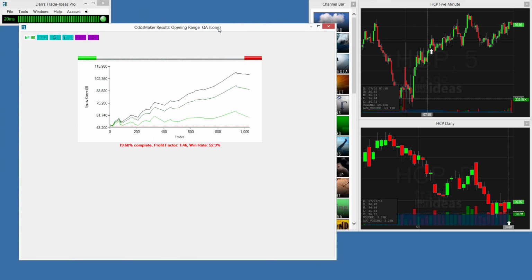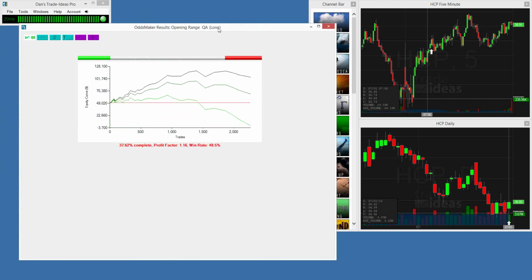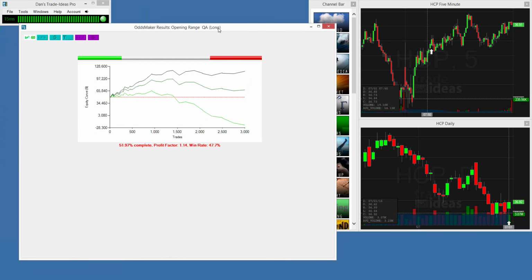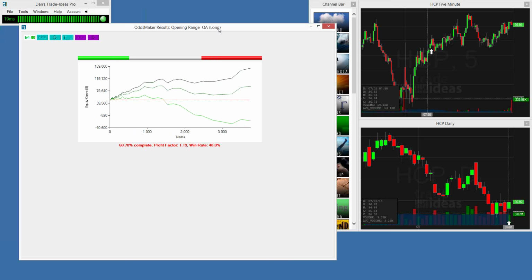And here it goes. So in this case, there are more trades taking place. I'm trying to recall my setup and my initial share setup, but we'll see when it finishes. But here again, notice 48% profit factor of 1.17.